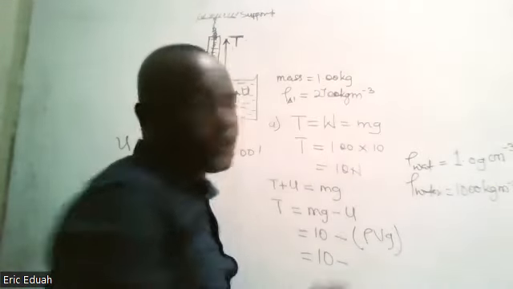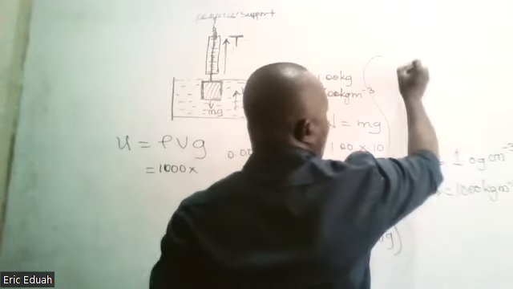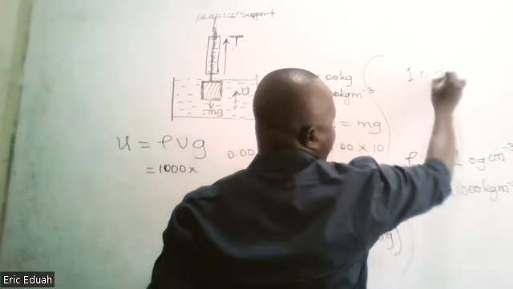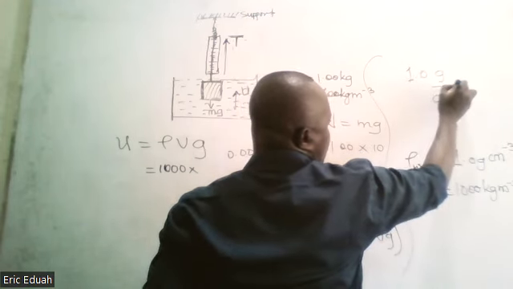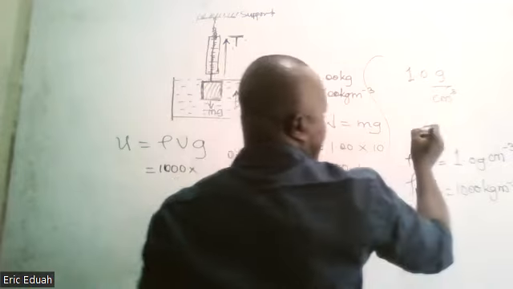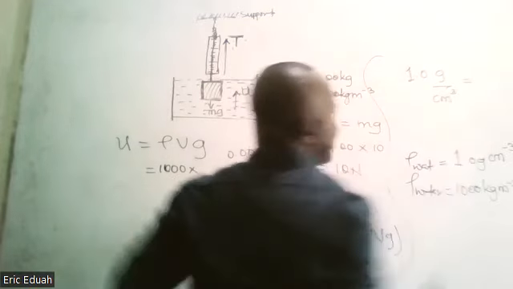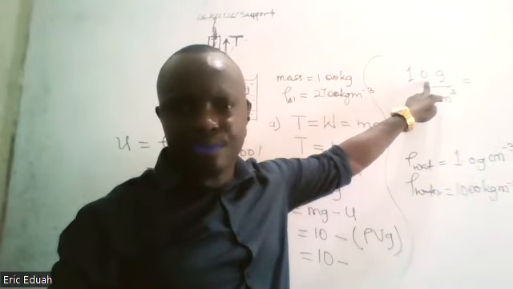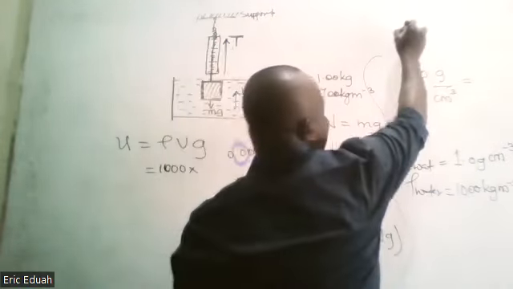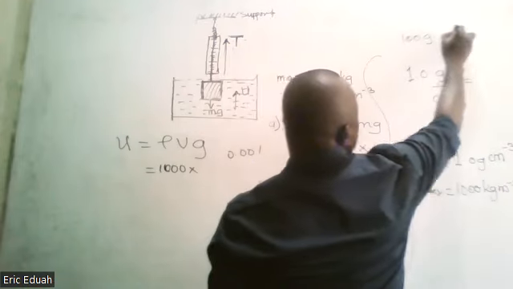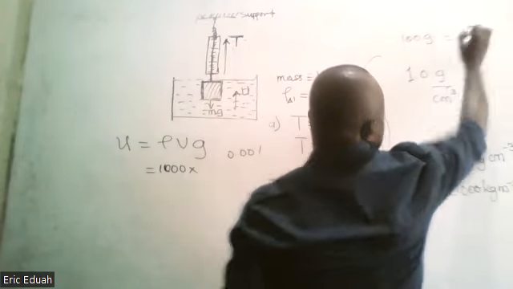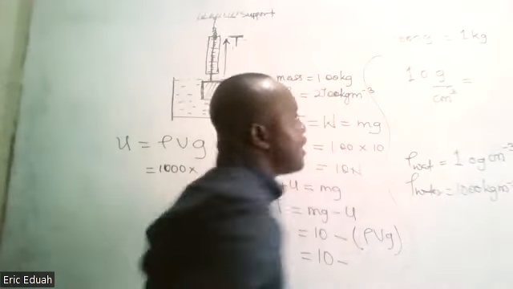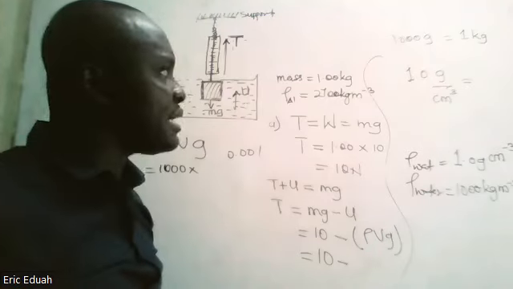So class, we are learning. We have a density of 1.0 gram per centimeter cube. Now let's convert the numerator, which is in gram, to kilogram. We know that 1,000 gram will be equal to 1 kilogram, isn't it? So what will be one gram in kilogram?